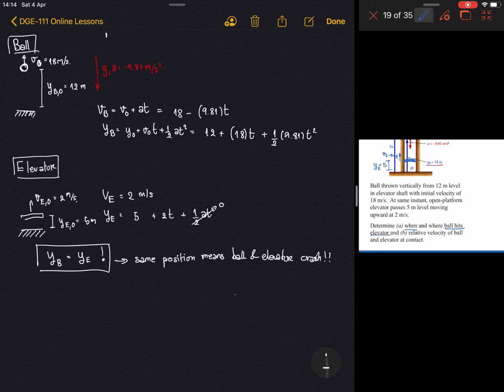Then from this formula, we can say yb minus ye equal to 0.